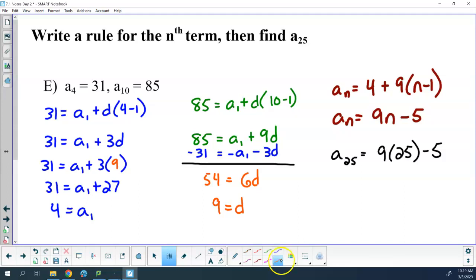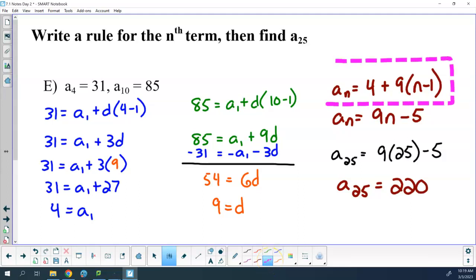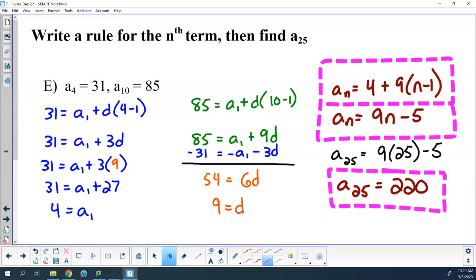Minus 5 then gives me 220. Agree? Good times. Good times.